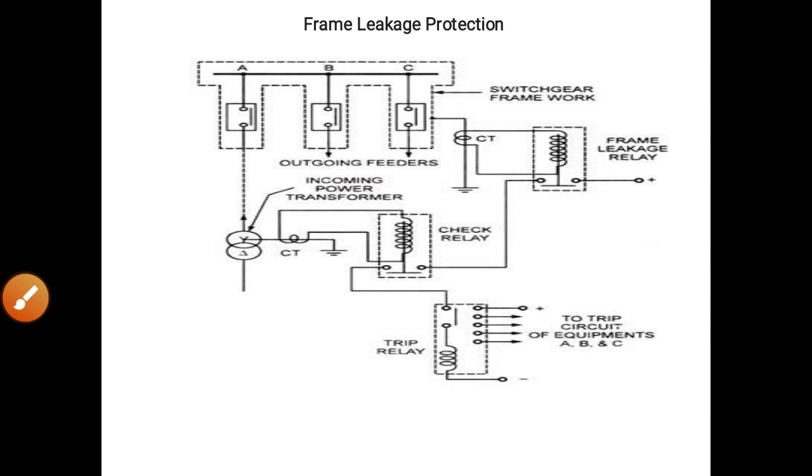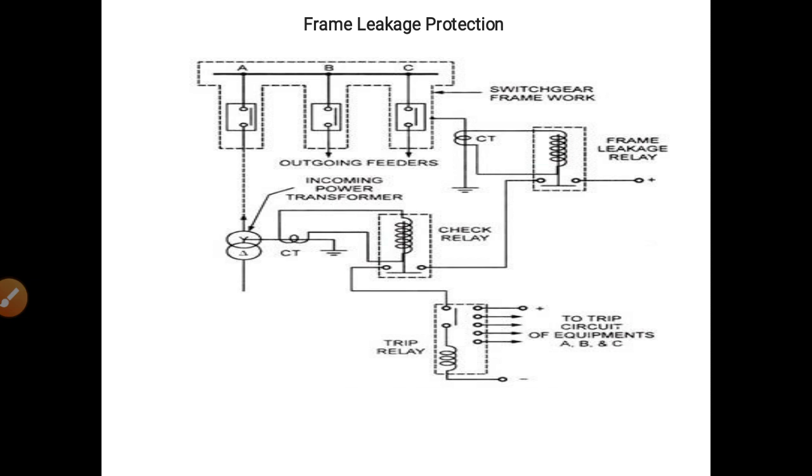You can see it is with the help of this CT that it is connected with the ground. So whenever there is a leakage fault current flowing through the metallic structure to the ground, that current is flowing through the CT primary also. The CT primary current is stepped down and given to this frame leakage relay. So the frame leakage relay will energize and close its contact. Another check relay is provided on the neutral earthing of the incoming transformer.